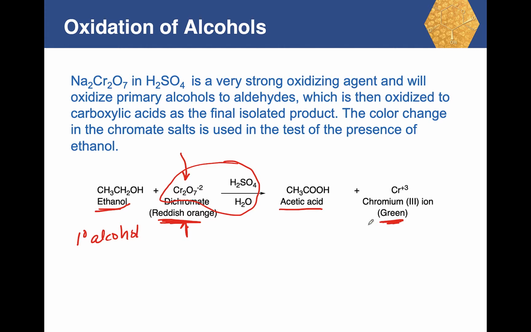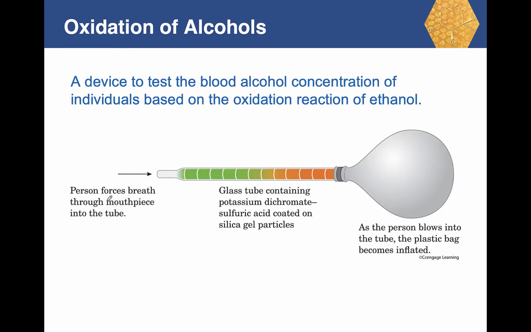So that's important because this color change is an indication that ethanol was present and it was oxidized. This is the basis for the breathalyzer test that's done on individuals that are suspected of having a high concentration of alcohol. So this is how it works.